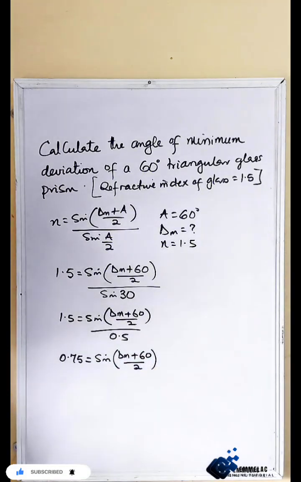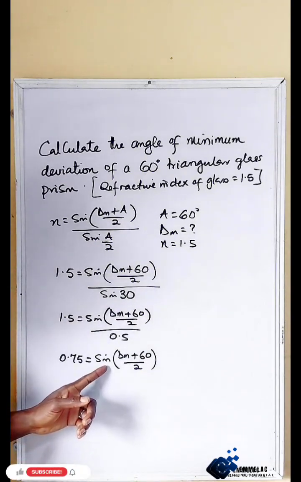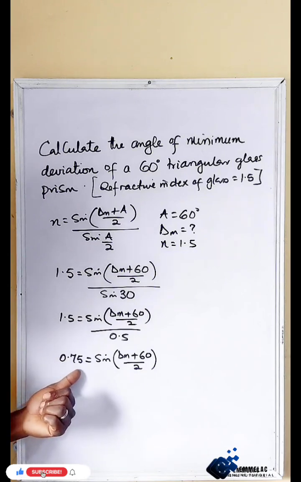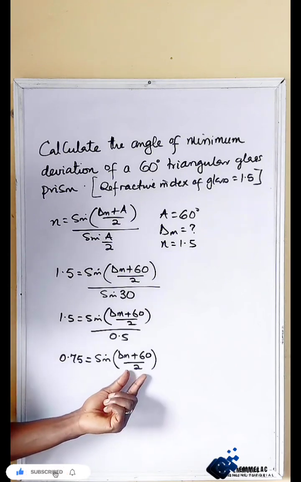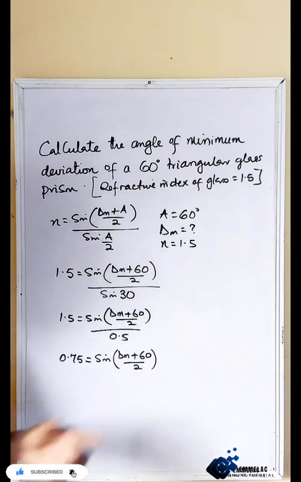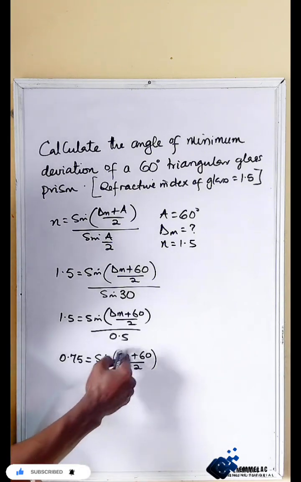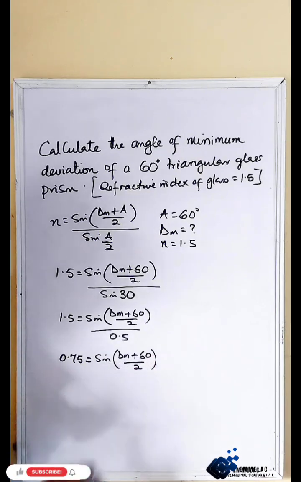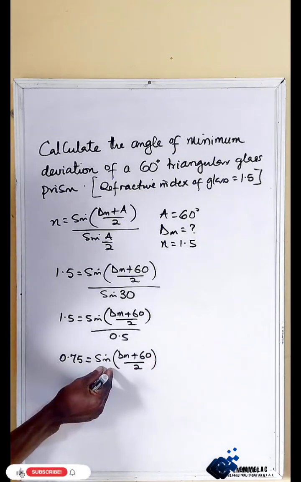Now to this end, what we will look for is the inverse sine of 0.75. Please don't make the mistake of cross multiplying now, because the whole of what is in the bracket is a term attached to sine, so we have to find the inverse sine.